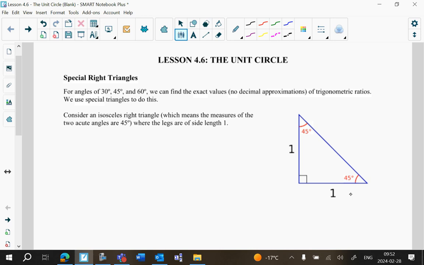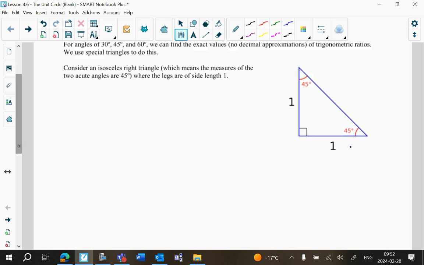But I'm missing a side. How would you find this side? It's a right triangle, and you know two of the sides. Pythagoras, right? This is the hypotenuse. So to find the length of this side, we're going to go a squared plus b squared equals c squared, where a and b are the legs.